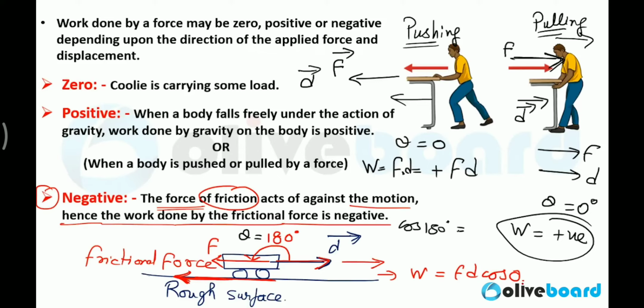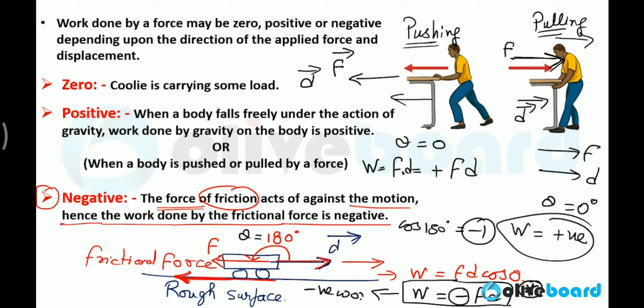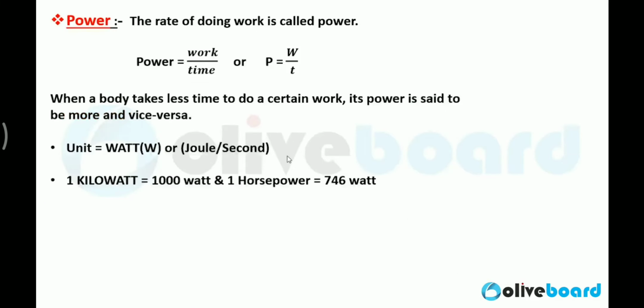Cos 180 is -1. So you will get minus FD, which means negative work, clear? So these are the examples for negative work done. Frictional force always does negative work. And you got the examples of positive work done and zero work done also, clear? So this is for work. Now let's come to power.